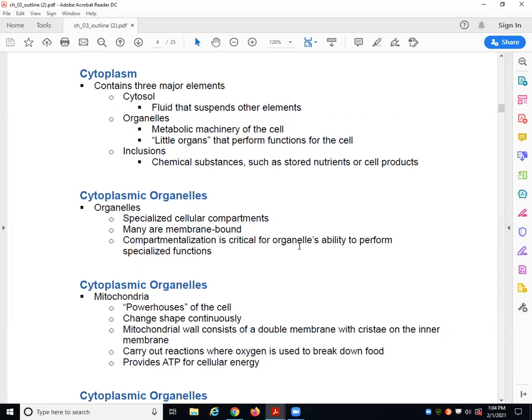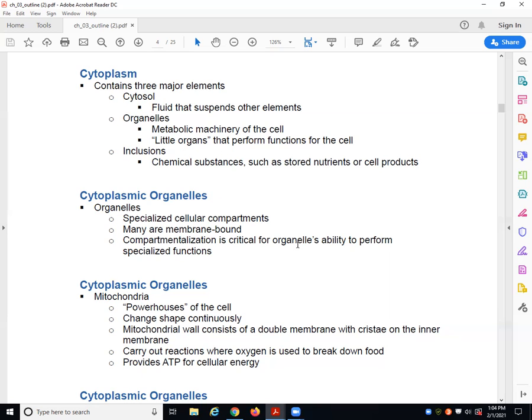You wouldn't want one organelle that did everything. You really want them to be specialized. It's kind of like sports: on a team you have different people who play different positions. Having people who can play multiple positions is great, but at the same time you need people who specialize in specific tasks.